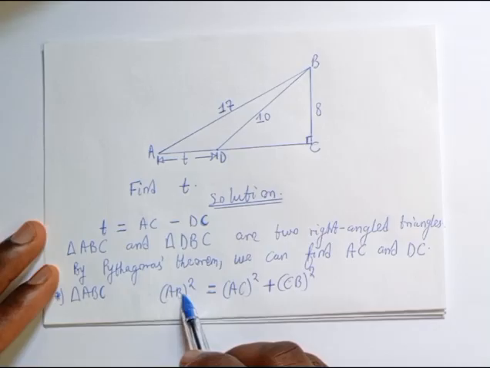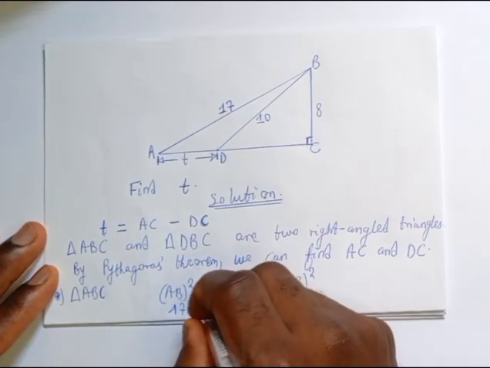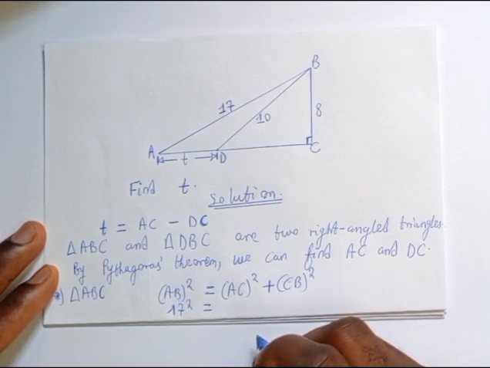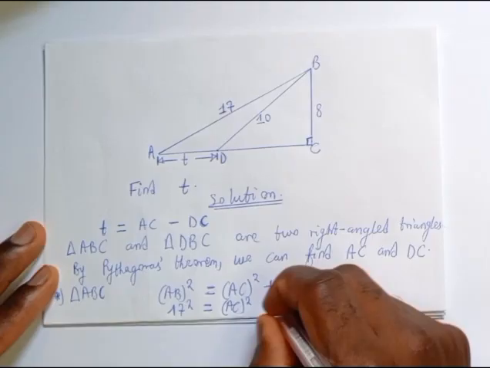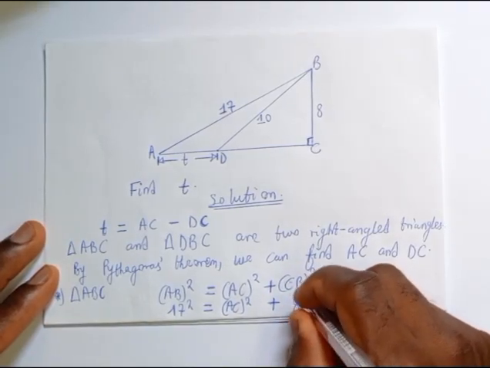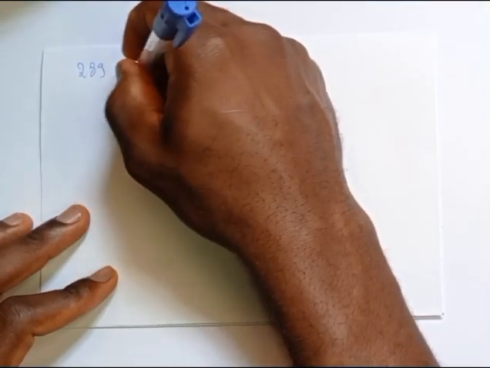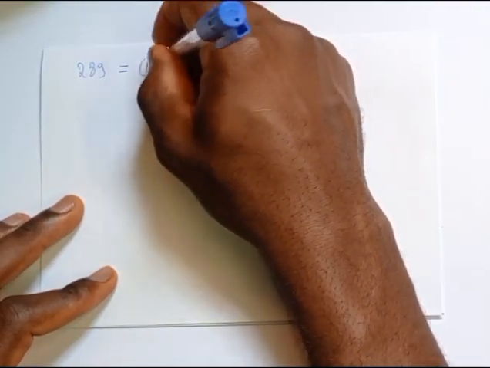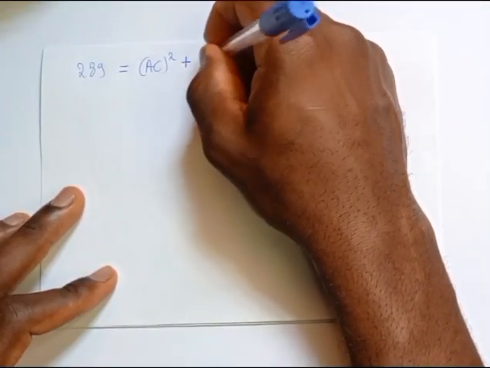AB is equal to 17. This will give us 17 squared is equal to AC. We don't know AC, this is what we are looking for. AC squared plus CB is 8, plus 8 squared. 17 squared gives us 289 equal to AC squared plus 8 squared, which is 64.